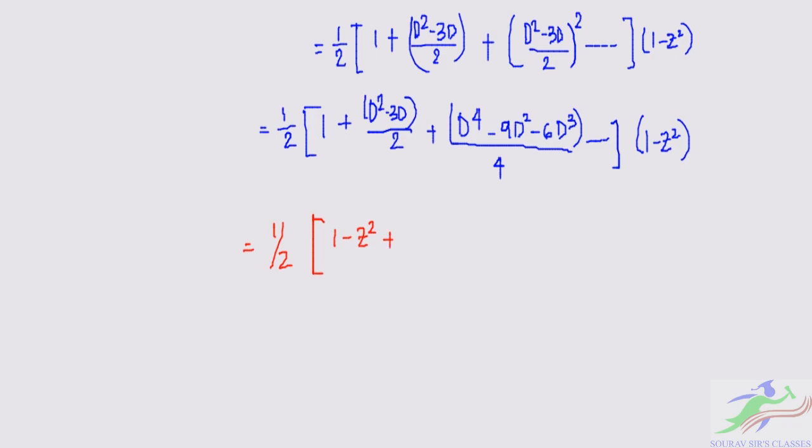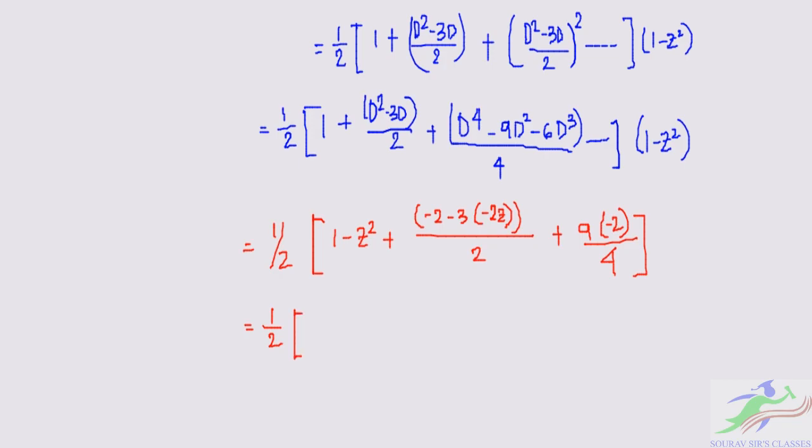So it will be d2, minus 2, minus 3 of minus 2z by 2, plus 9 of minus 2 by 4, right? From here you get 1 minus z square plus minus 2 plus 6z by 2, and this is minus 9 by 2.